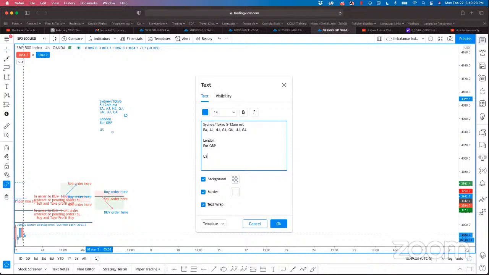And then the US session, you can pretty much trade anything with USD and CAD in there. And you can pretty much trade Euro and GBP on this session.